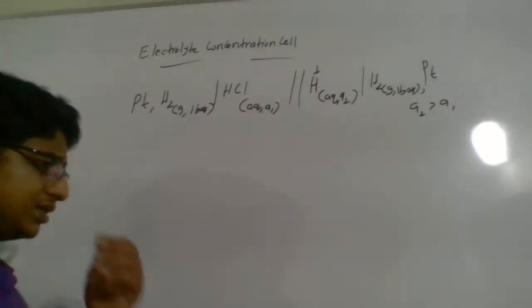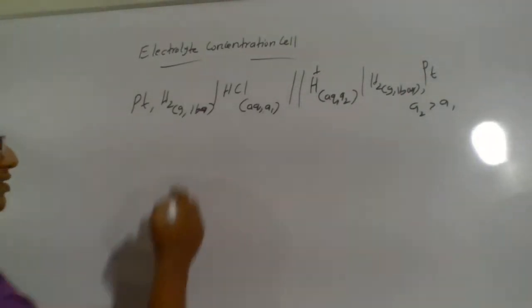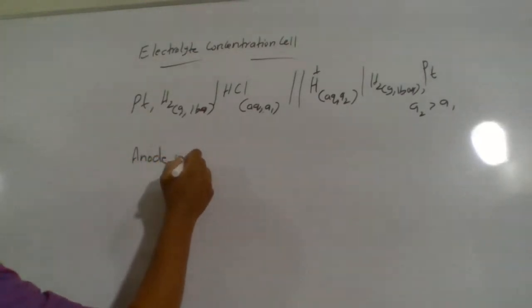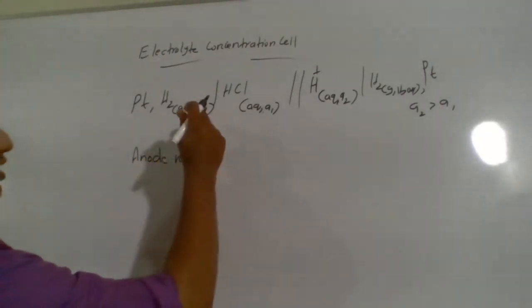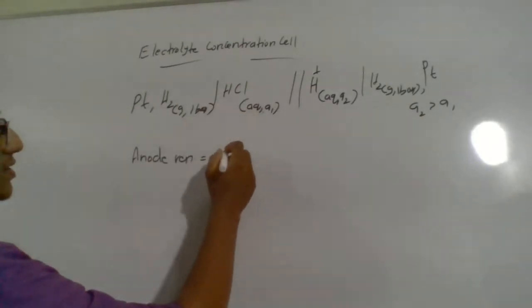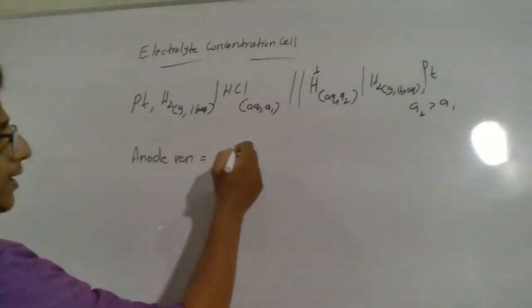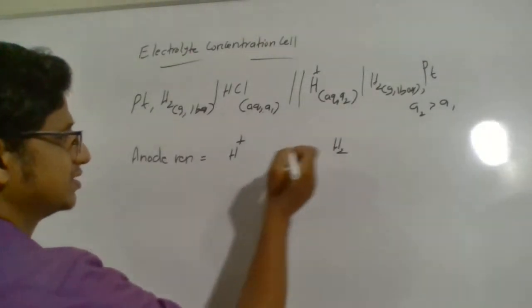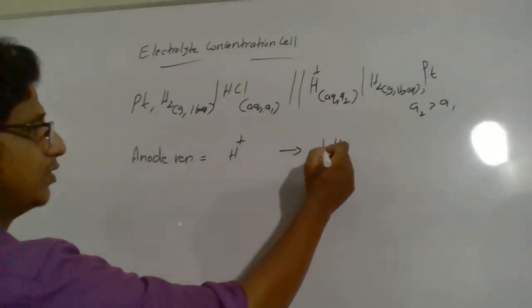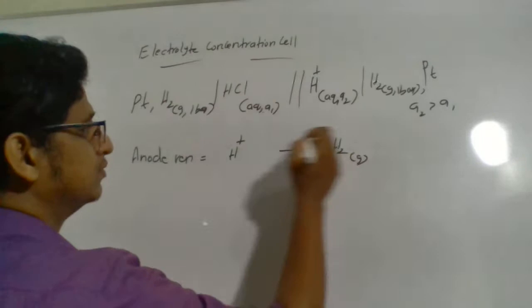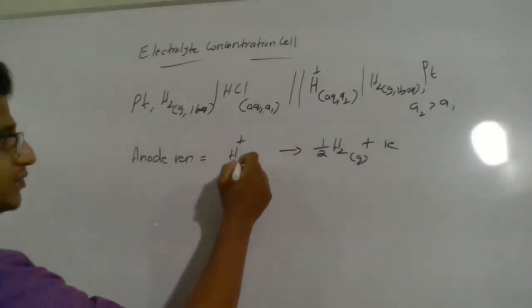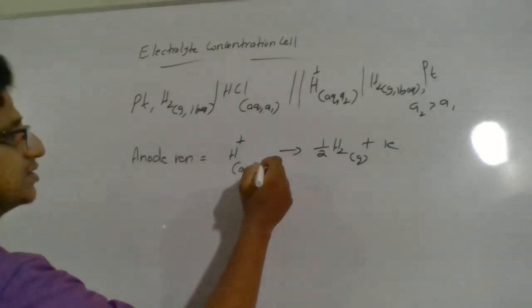Now let us write the anode and cathode reactions. Anode reaction: at the anode oxidation takes place. That means hydrogen is converting into H plus, so let us imagine half a mole of hydrogen gas converting with the release of electrons.